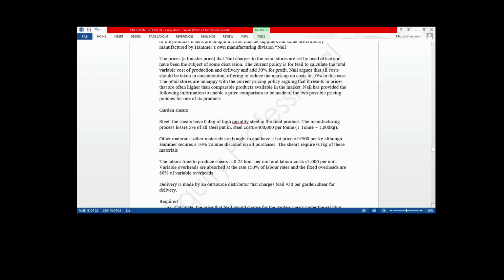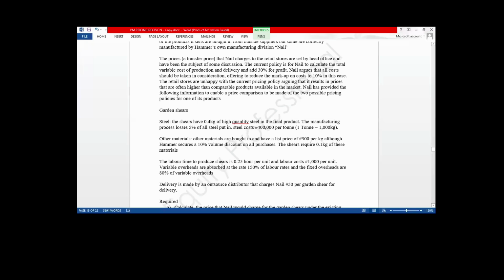To produce 1 unit, you require 0.5 hours, and labor cost is 1,000 naira per unit.